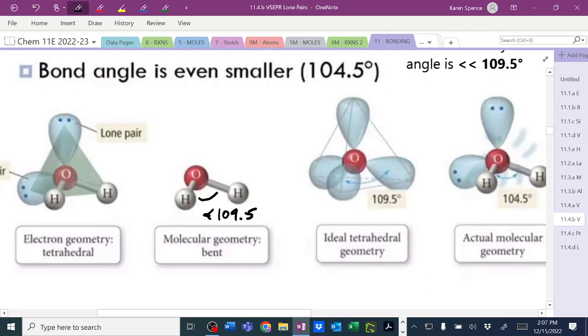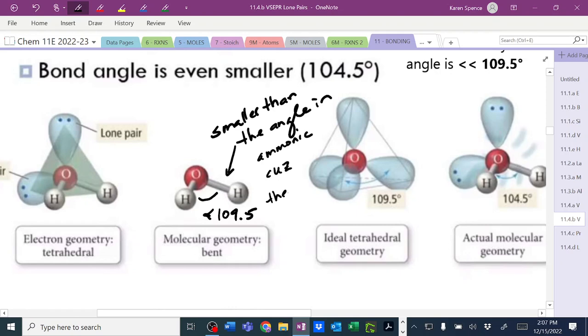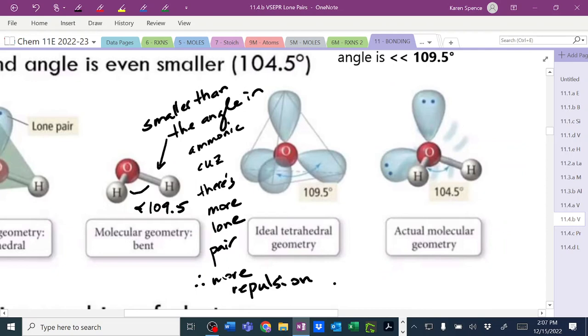So this will be smaller than the angle in ammonia, because there are more lone pairs, therefore more repulsion. And if you're into that kind of thing, you can notice that it's 104.5.